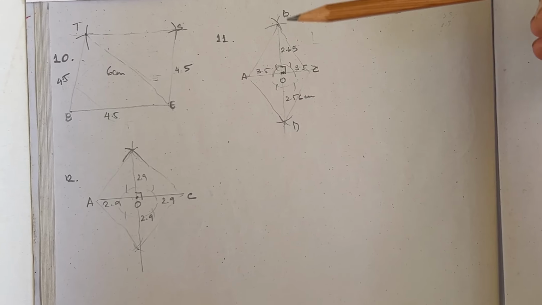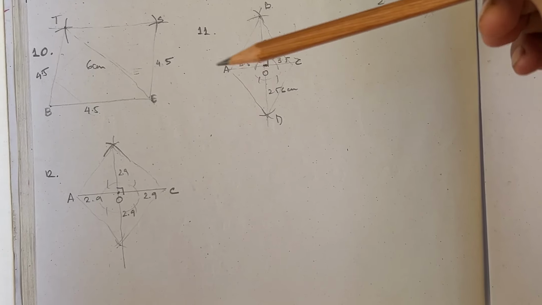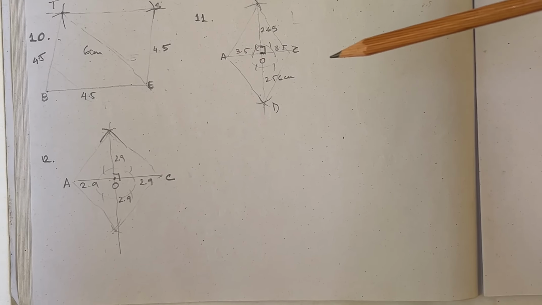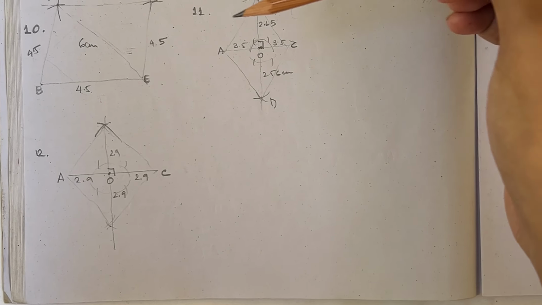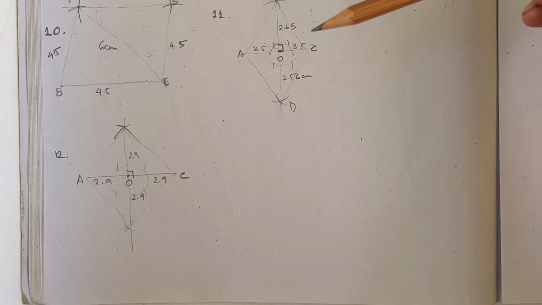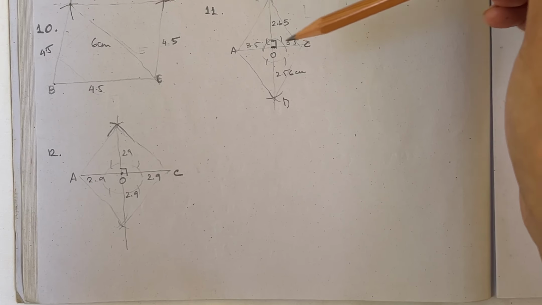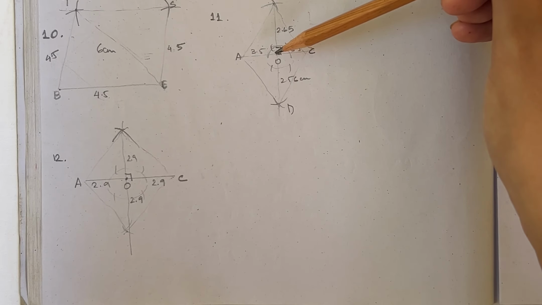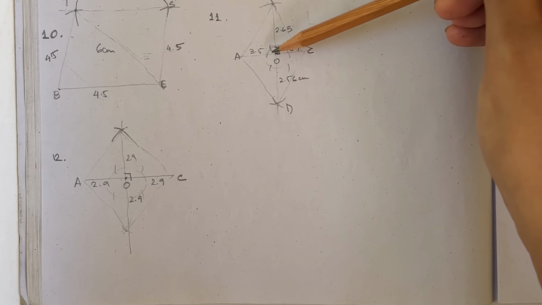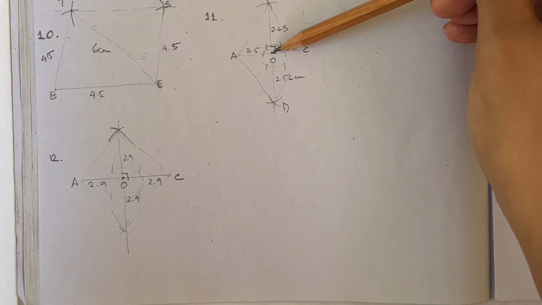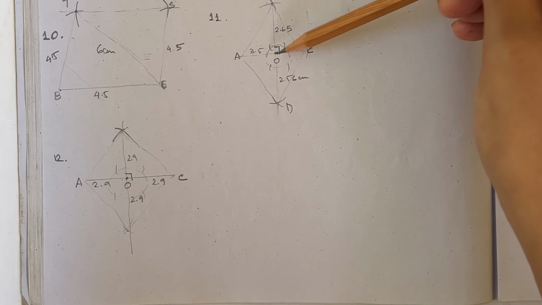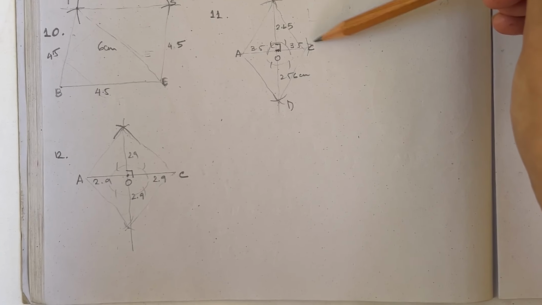For sum number 11, only the two diagonals are given, one is 7 and one is 5.3. If we consider AC is 7, then AO will be 3.5, so we construct 3.5, then measuring AO, we bisect C, we get 3.5 here, so we draw a line.